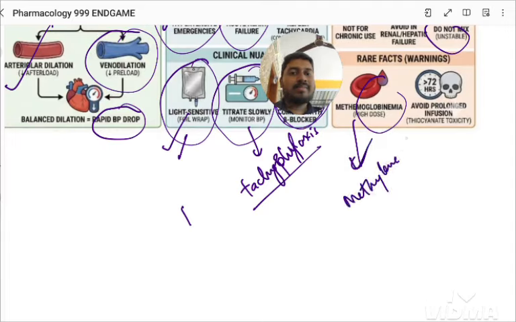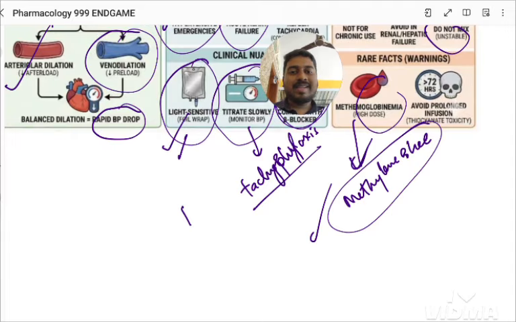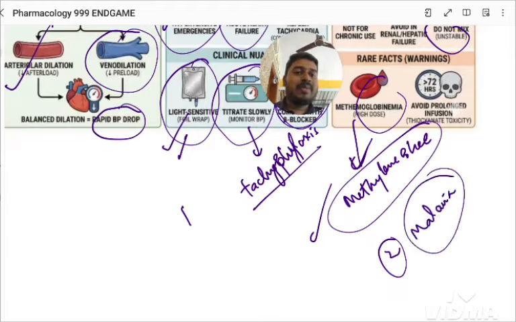IV methylene blue. Actually, I have seen two cases of methemoglobinemia. One was this case, and the second was a patient of malaria who was given primaquine, and primaquine is also a drug responsible for methemoglobinemia.